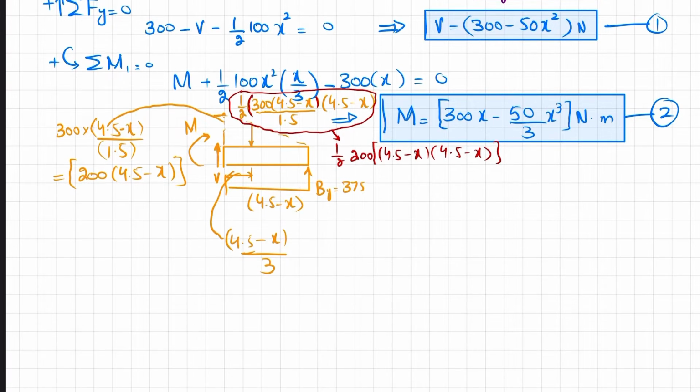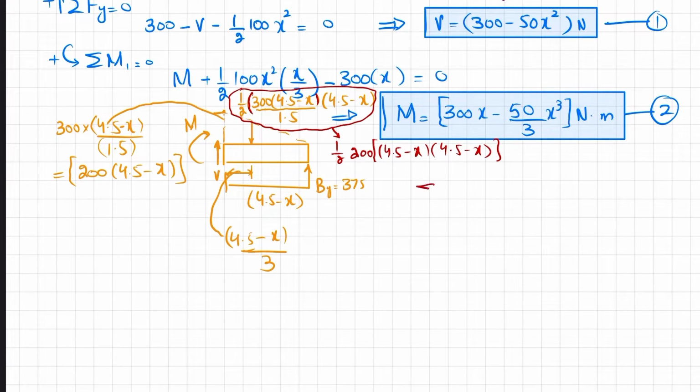Now apply the equilibrium condition that the sum of all forces along y direction must be equal to 0, taking the upward force as positive. So you can see one force is this one, the second one is this one, and the third one is this one. Their sum must be equal to 0. So V is upward.